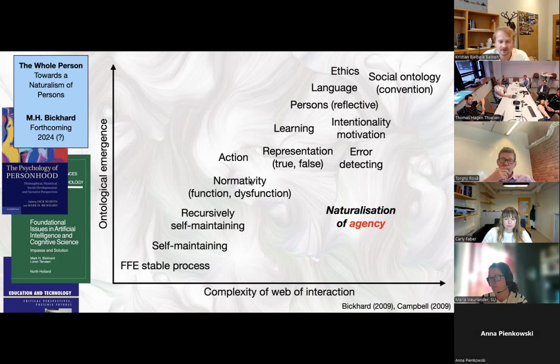And that's where normativity arises. Actions can have a function that serves a purpose to maintain a self-maintaining process. And from this, you get representation, error detection, learning, intentionality, motivation, personhood, social ontology, and language, and so on. So this offers a naturalization of agency, speaking to the problem that the physicists were scratching their heads about in the New Scientist article. Okay. This is perfectly compatible with physics.